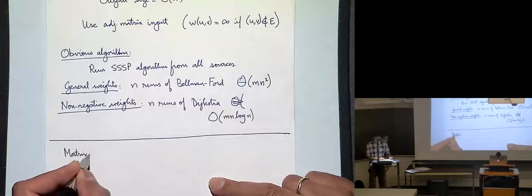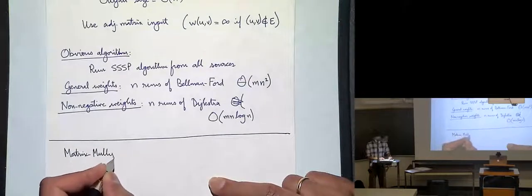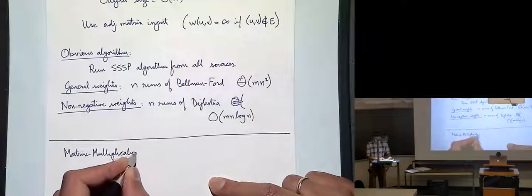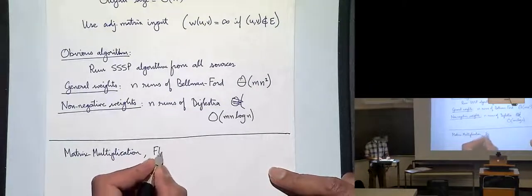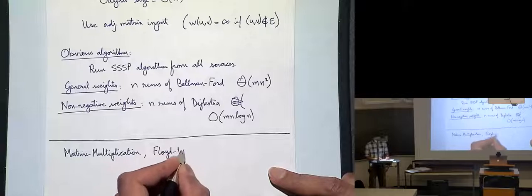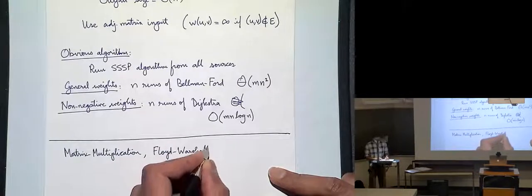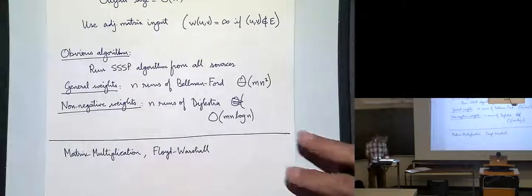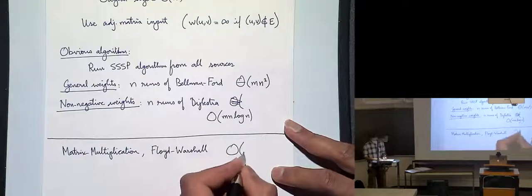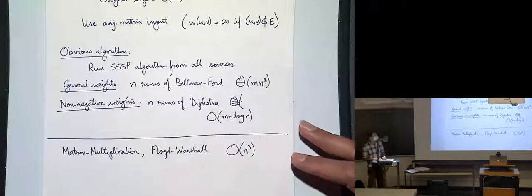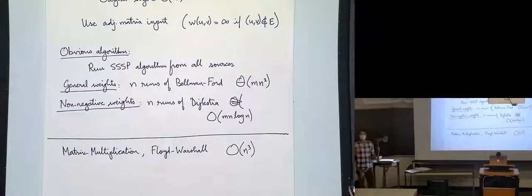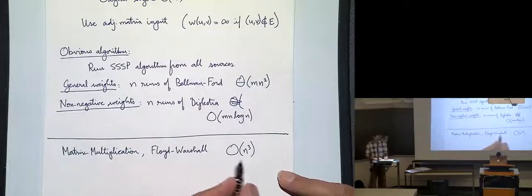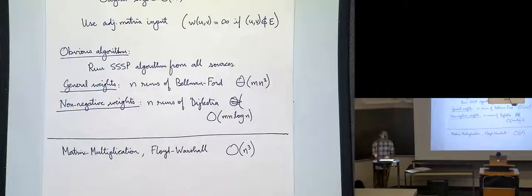One is called matrix multiplication, and there's a similar method called the Floyd-Warshall algorithm. Technically they're different, but what they'll give you is something like O of n cubed. Technically with matrix multiplication it's n cubed log n, but think of it as O of n cubed with some logs. With Floyd-Warshall it's n cubed. So this works in general.